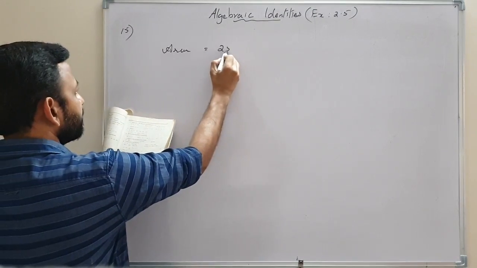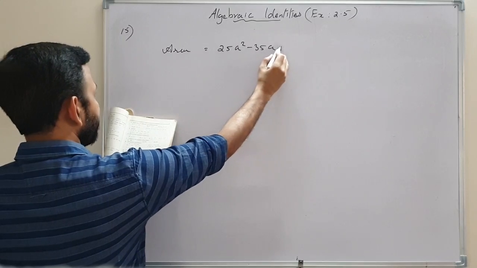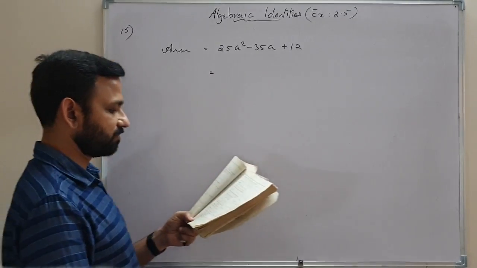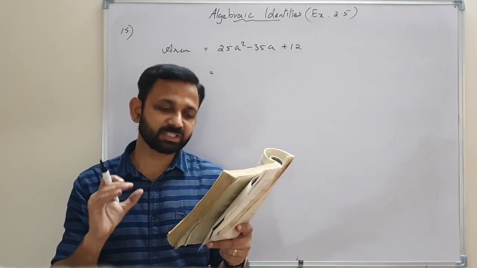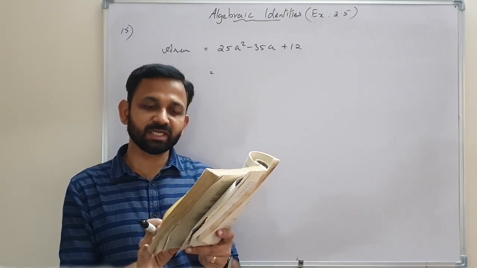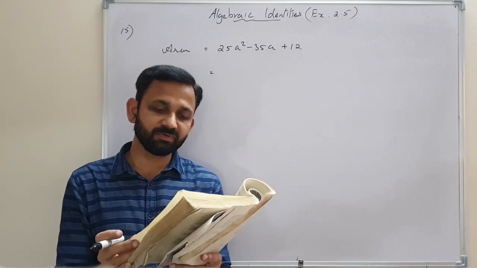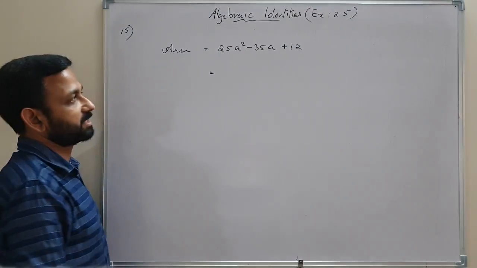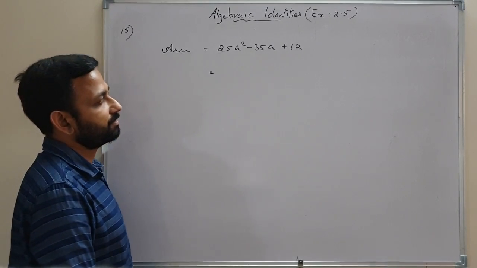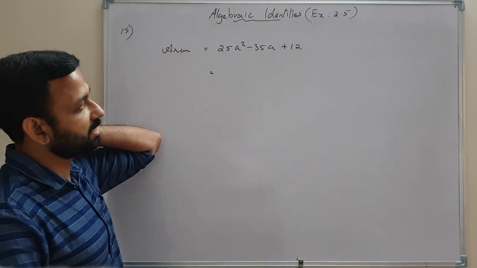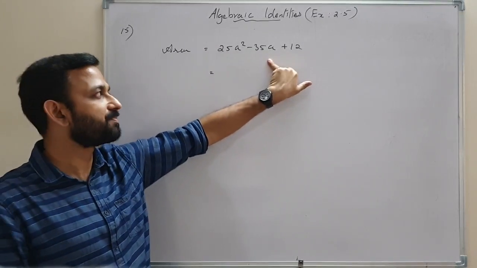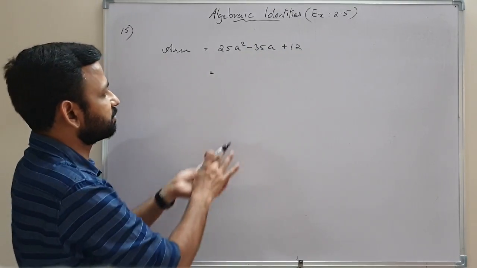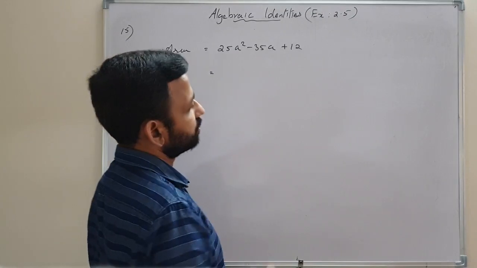Area is equal to 25a squared minus 35a plus 12. So we need to find possible expressions for the length and breadth of the rectangle. Here we need to factorize this expression. This is a trinomial, we have three terms, and we can factorize it by splitting the middle term, and we will get a product of two binomials.